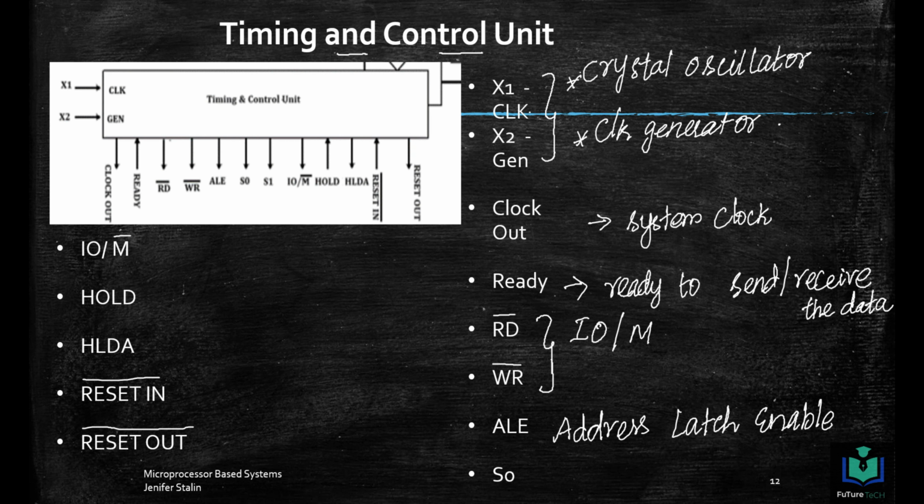When the pulse goes high, it indicates the address. When the pulse goes low, it indicates the data.